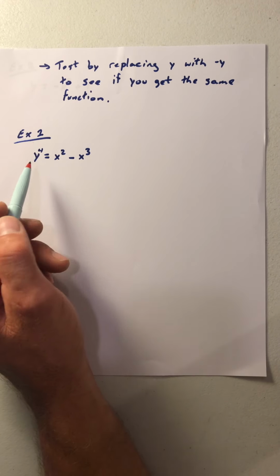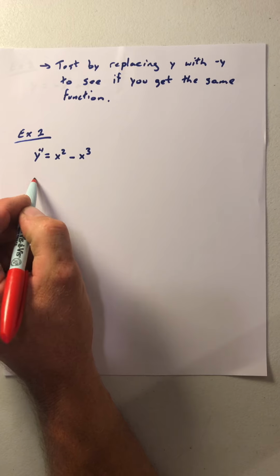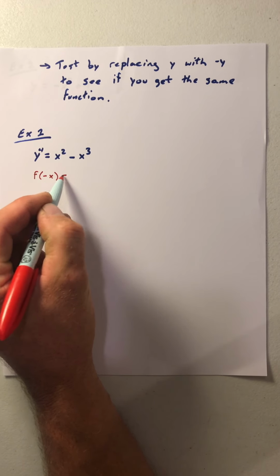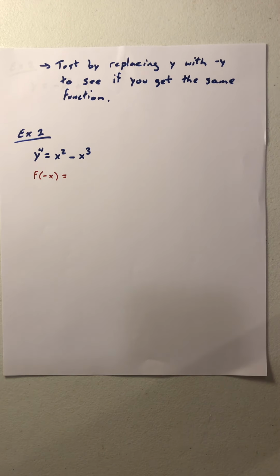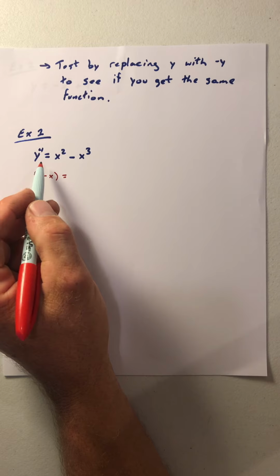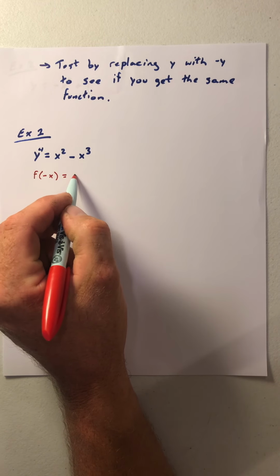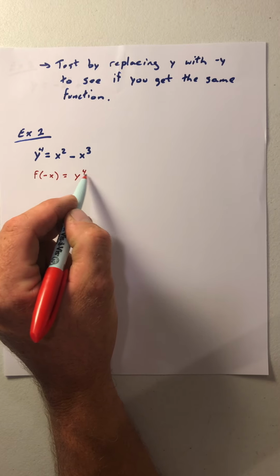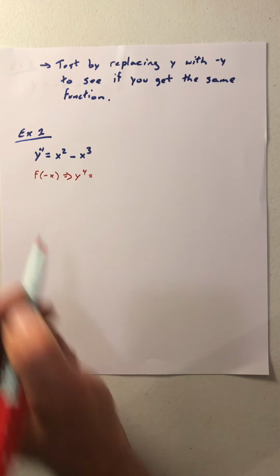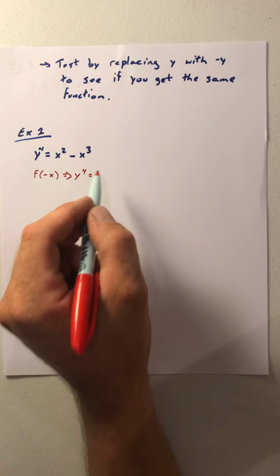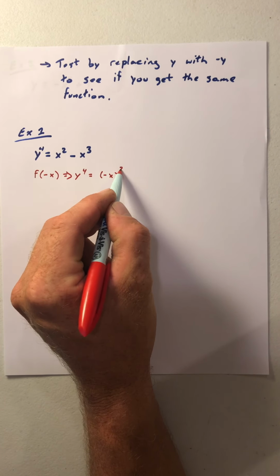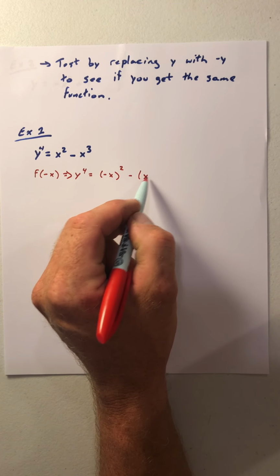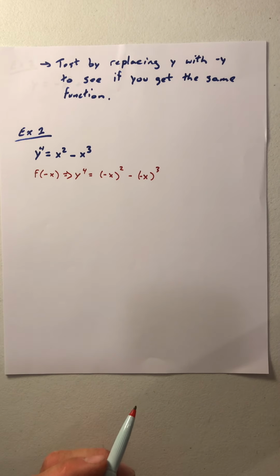So in example 1, we're going to test for all three. The first thing I would do is find f(-x), and this tests for the y-axis and the origin at the same time. If I have f(-x), our y to the fourth is going to stay the same. So y to the fourth equals (-x) squared minus (-x) to the third.